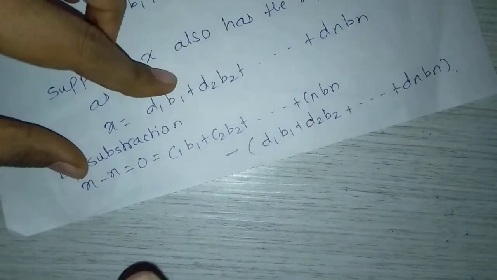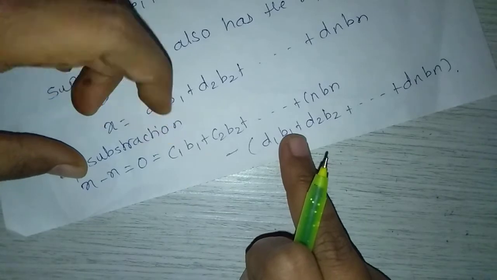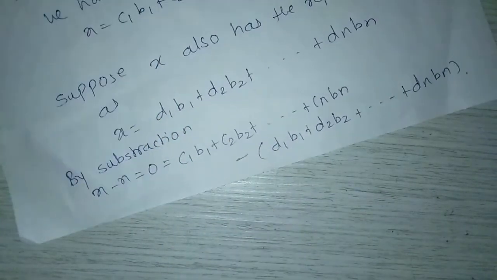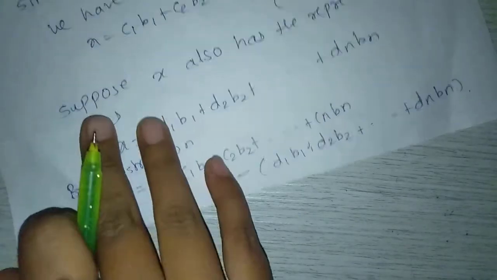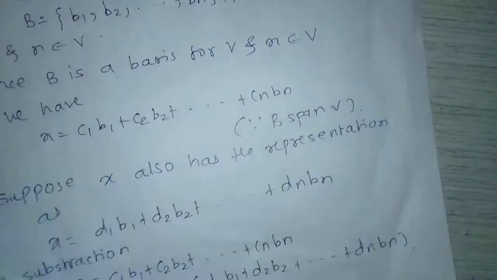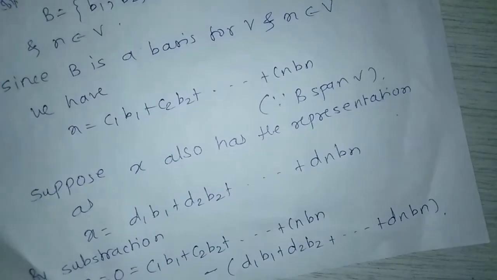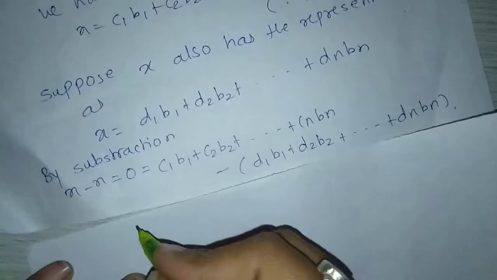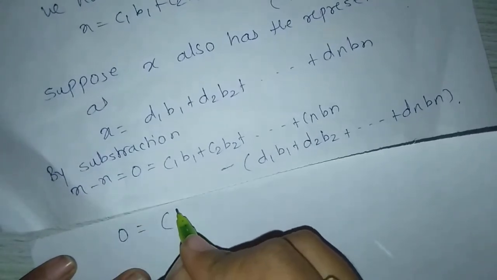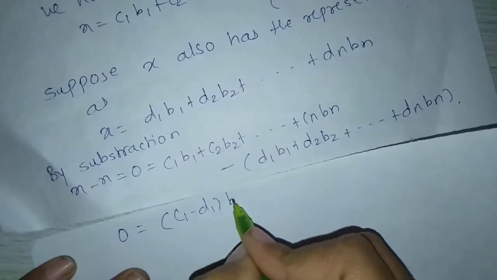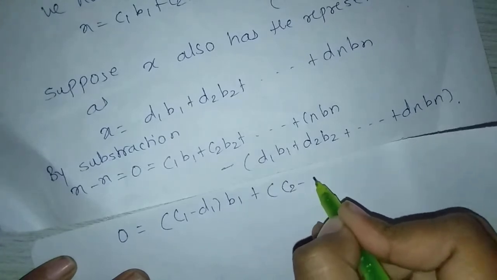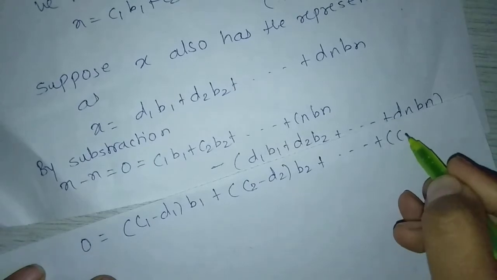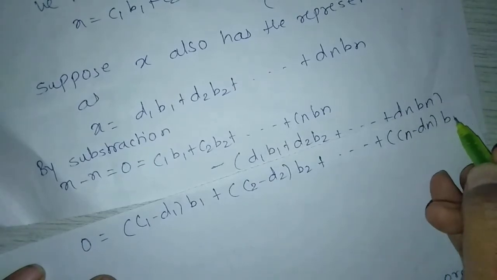Taking B1 common, the remaining term is C1 minus D1 times B1, and similarly for B2 and so on Bn. So this can be written as 0 equals C1 minus D1 times B1 plus C2 minus D2 times B2 plus and so on plus Cn minus Dn times Bn.